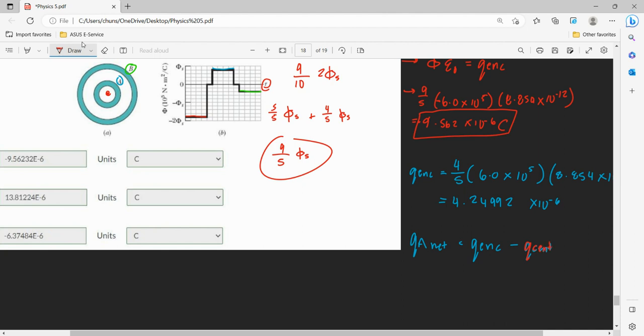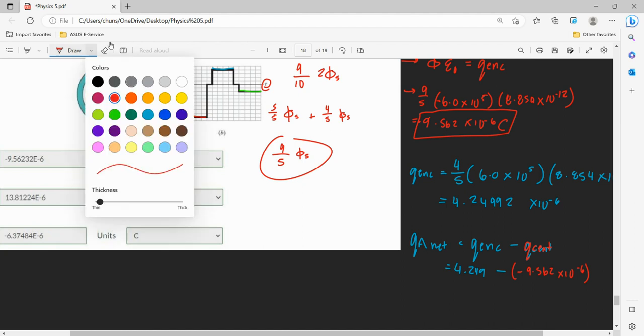Right, that's what we found up here. So when we do that, we get 4.249 minus, then our value was negative for our first question, so this minus negative 9.562 times 10 to the negative 6. Forgot to put that in for the blue, but just imagine that it's there.